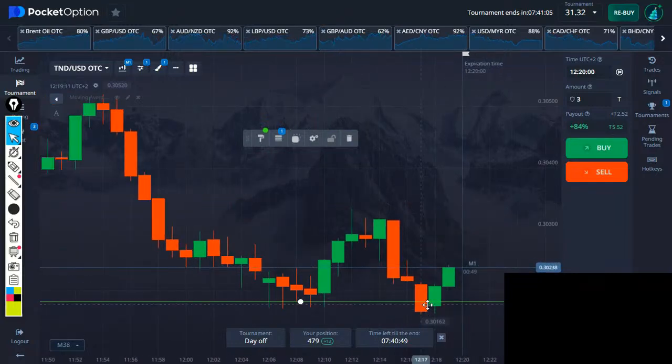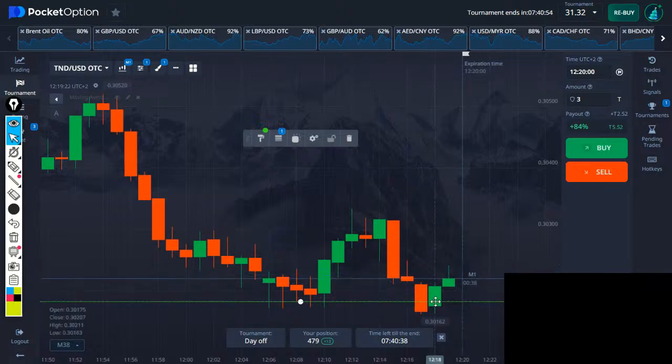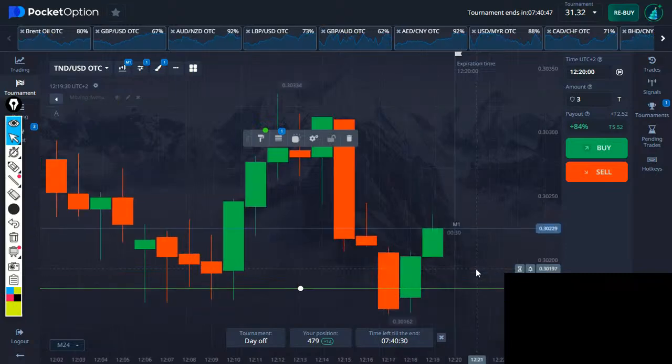I mean, that kind of a gap, it should have rejected, powerfully rejected over here. And also the gap over here, along with this very powerful demand zone, this should have rejected from this area. Anyways, let's continue. Let's change the pair.